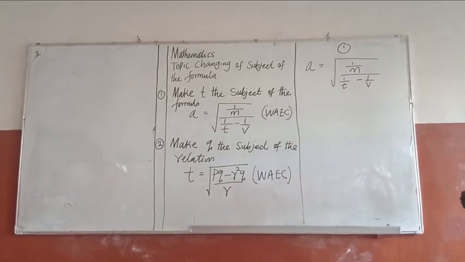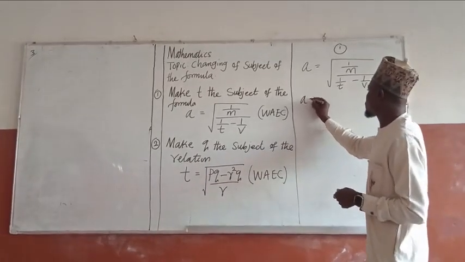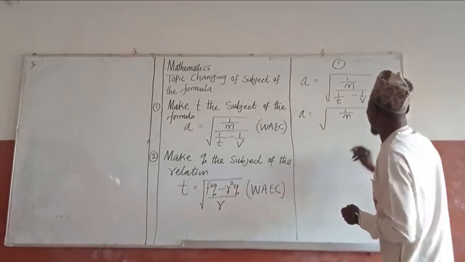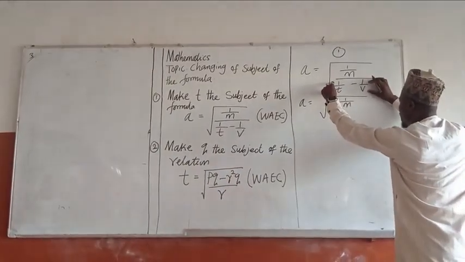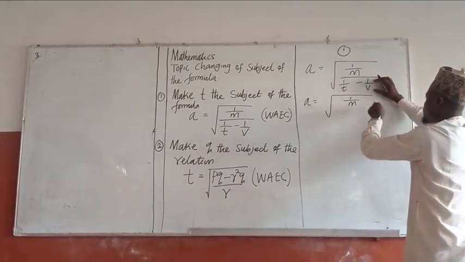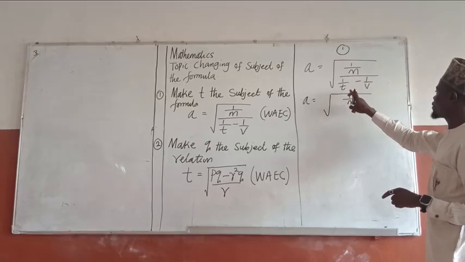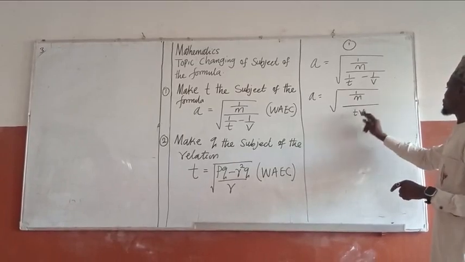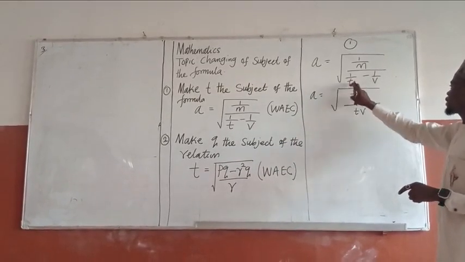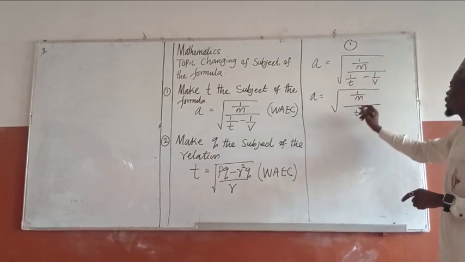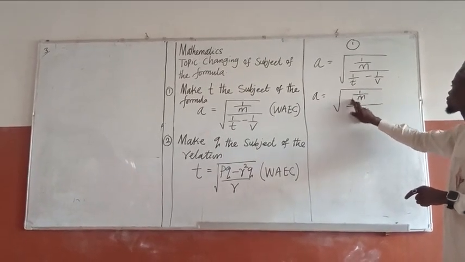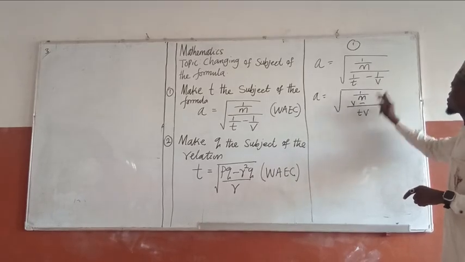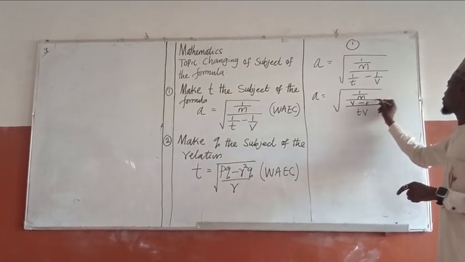So we have a is equal to the square root of 1 over m, and I want to solve this part: 1 over t minus 1 over v. The LCM of t and v is tv. t divided by t cancels, then v times 1 gives v, minus v divided by v cancels, and t times 1 gives t.